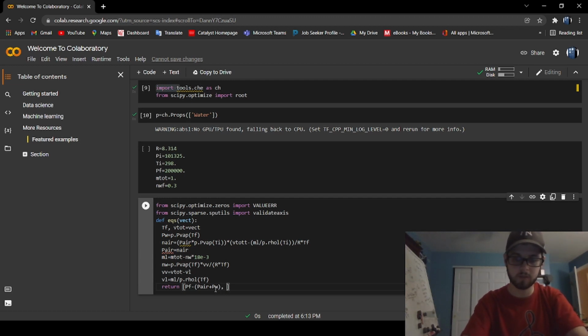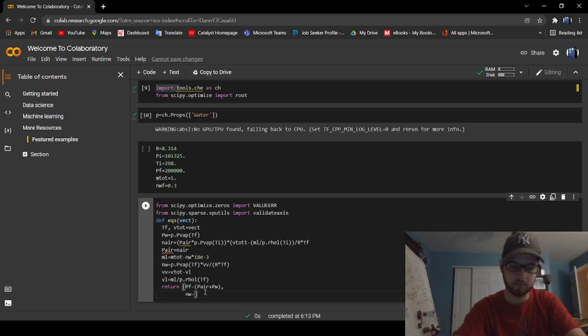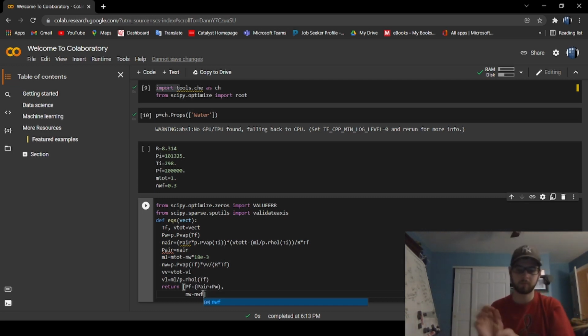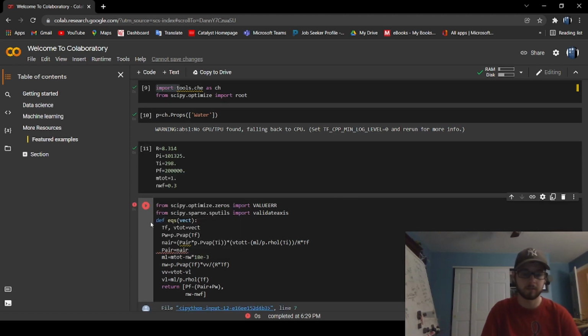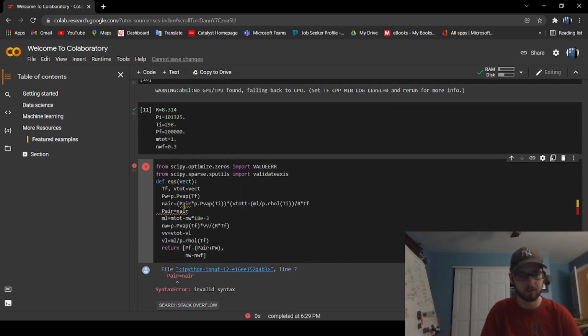And then we're going to return also the number of moles of water minus the final number of moles of water vapor specifically. Okay, I think that's vapor, but yeah, should be. And then I guess now it's time to run this, then run this. Okay.